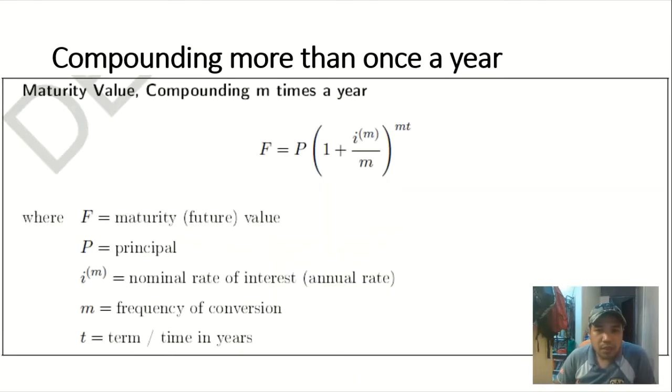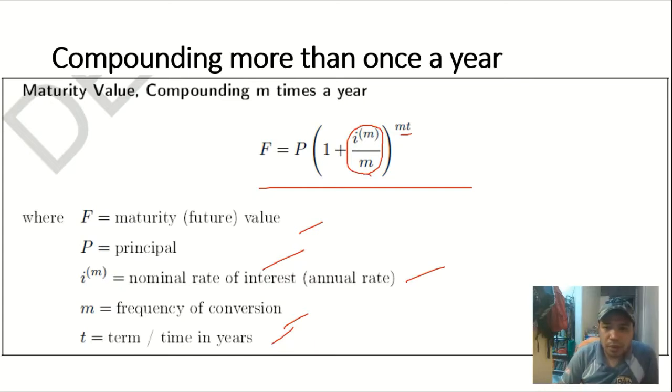So moving on. This is our formula. Future value is equals to principal times the quantity 1 plus nominal rate divided by M raised to MT. So, yun pa rin naman yung mga definition kanina na nabanggit. Ito at ito, pwede natin itong kunin in advance.